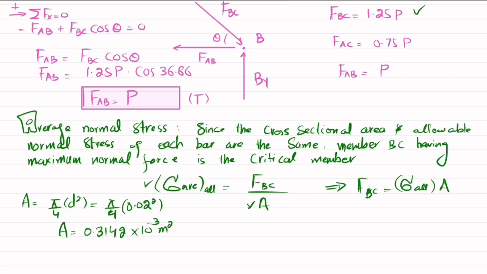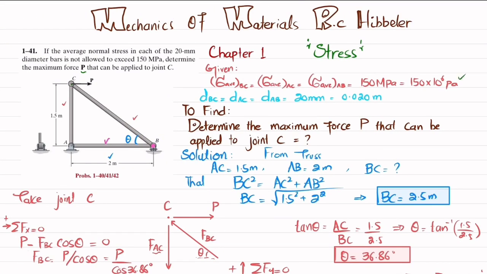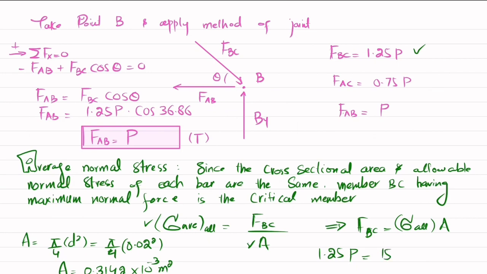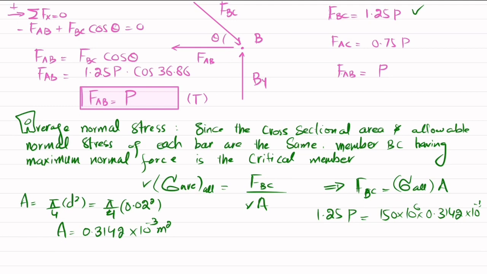Now FBC is equal to 1.25 into P, which is equal to allowable stress times area. Allowable stress is 150 into 10 raised to power 6. So when you calculate it, P will be equal to 150 into 10 raised to power 6 into 0.3142 into 10 raised to power minus 3, divided by 1.25.